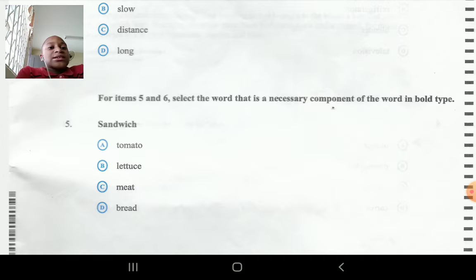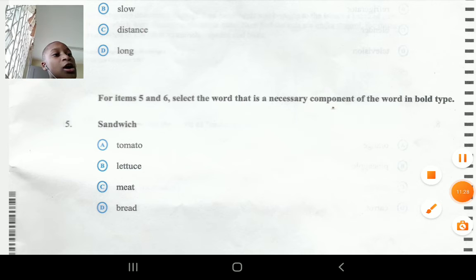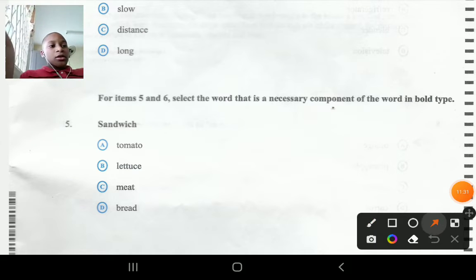You just got slop on your plate. Some sandwiches are without meat, some without tomato, and some without lettuce. A sandwich cannot be anything without the bread, the main component. Whoever got that wrong, what is wrong with you?